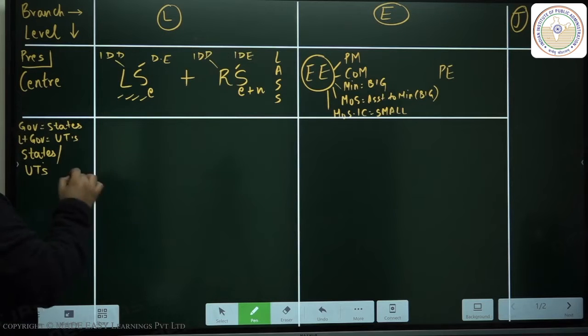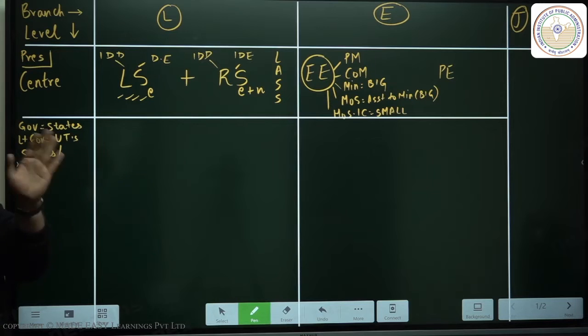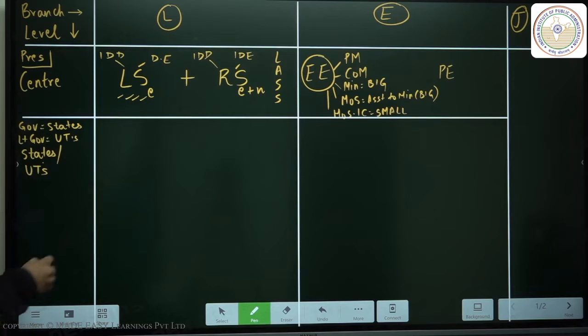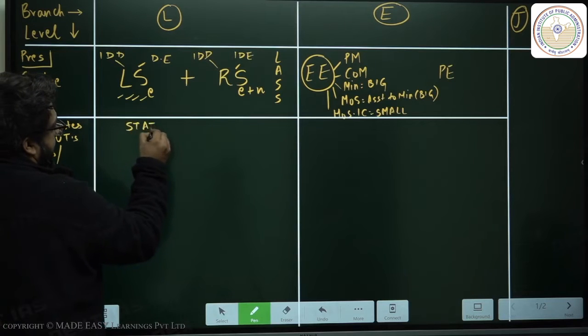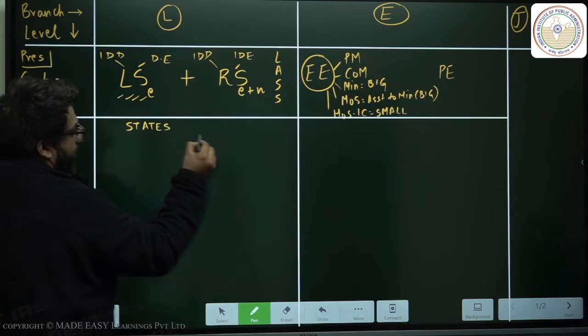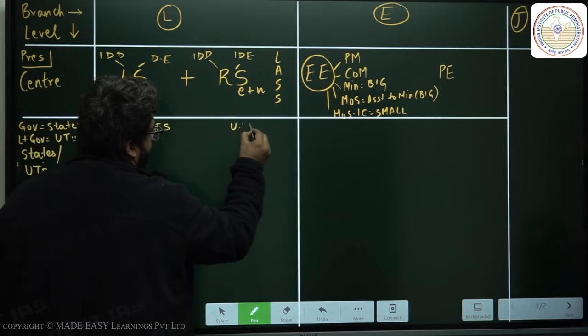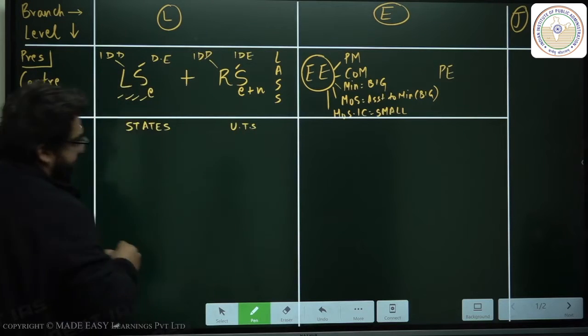Now, at the level of the states, we're essentially looking at two kinds of divisions. Either you're going to have states or you're going to have union territories.